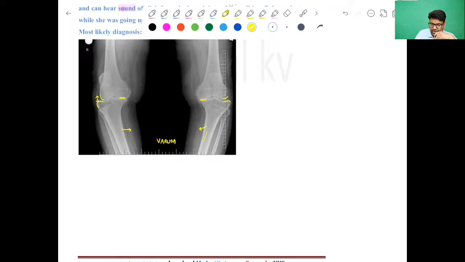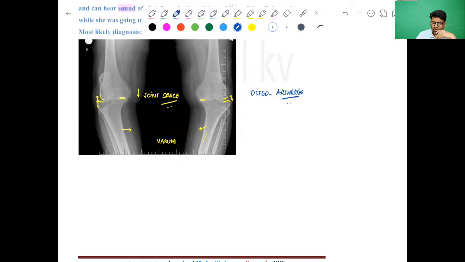So this is classically indicative of varus deformity and reduction in joint space, especially in elderly, affecting knee joints. Straight away you can label it as a case of osteoarthritis, right? So very easy to identify and very common in clinical practice as well.